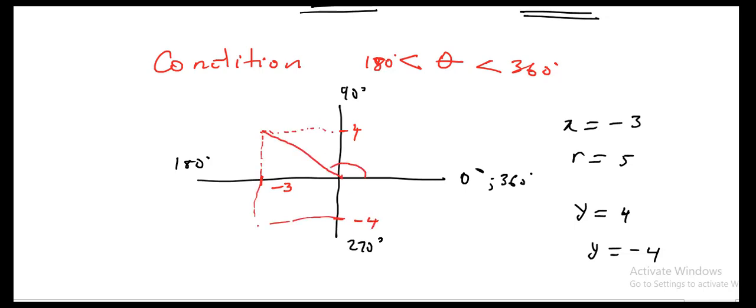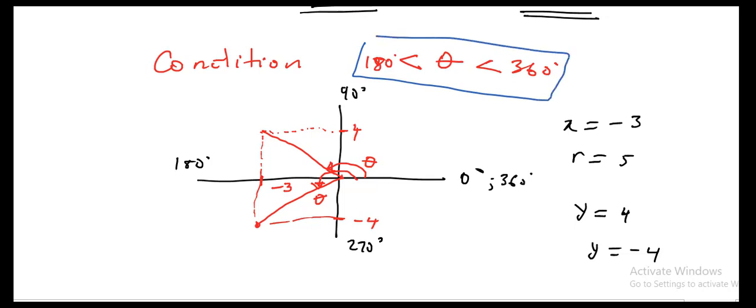This is the first angle. With the aid of the diagram, the second theta can also be here. From this condition, you can simply find out that this one will be eliminated.